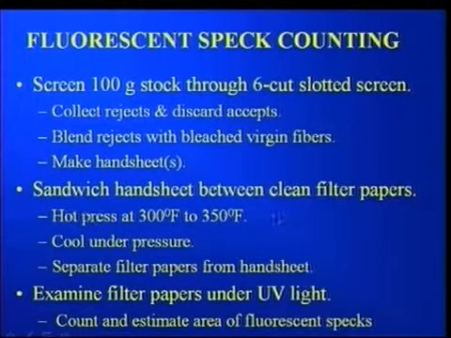We sandwich this handsheet between clean filter papers, hot press it between 300 and 350 degrees Fahrenheit, allow it to cool under pressure, and eventually you separate the filter paper from the handsheets and examine the filter paper under UV light. We see those blue specks, and we count the number and area of these blue specks to identify the stickies in the sample.